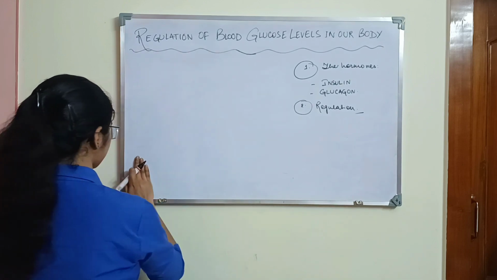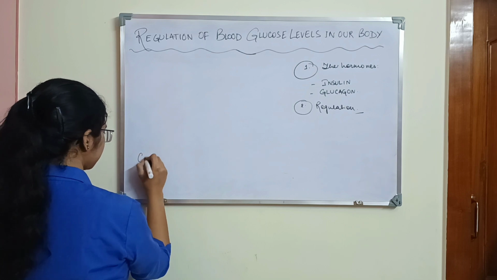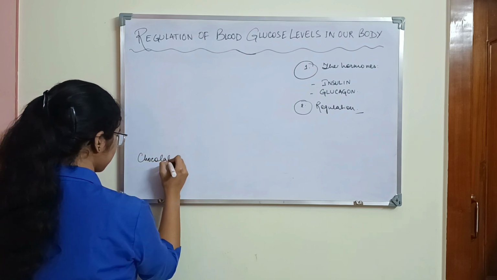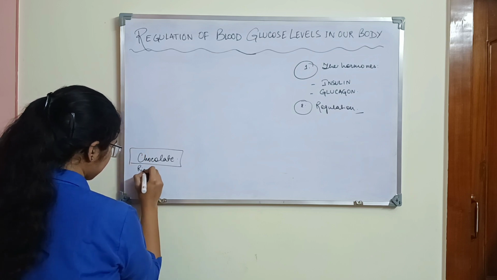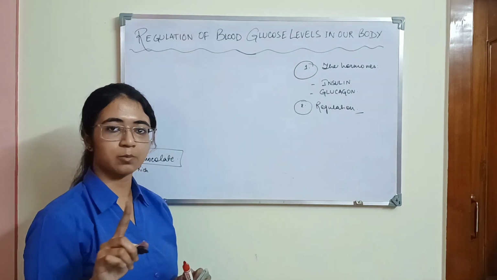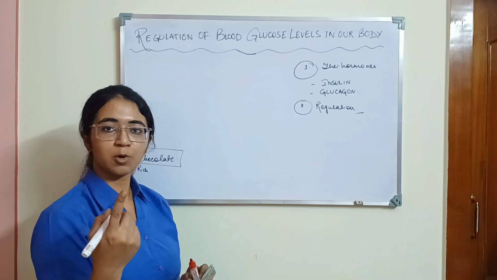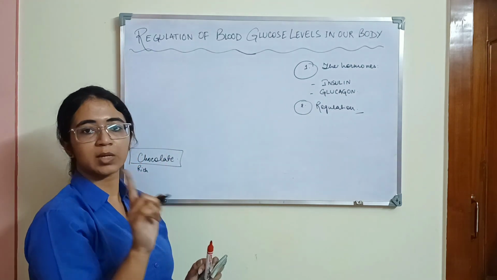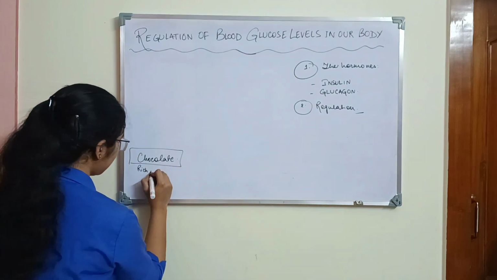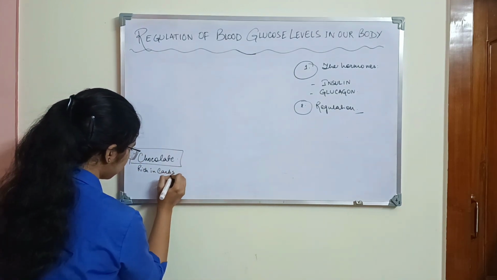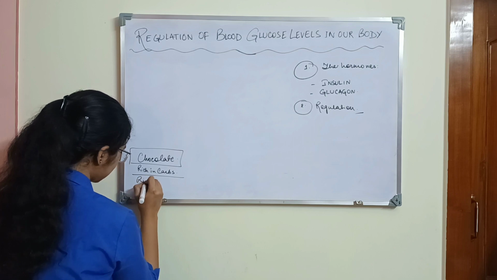So, for example, suppose you have eaten a chocolate. Chocolate is basically nothing but rich in carbohydrates. Carbohydrates are made up of glucose molecules, and glucose is the molecule which gives you energy. Remember that, we'll come back to it. Rich in carbs, so rich in glucose.